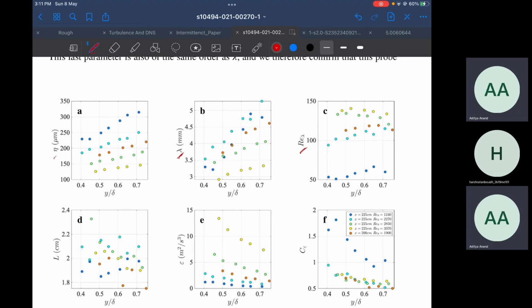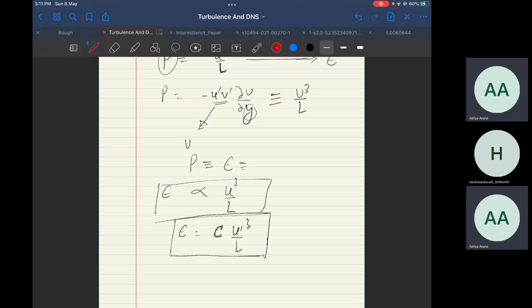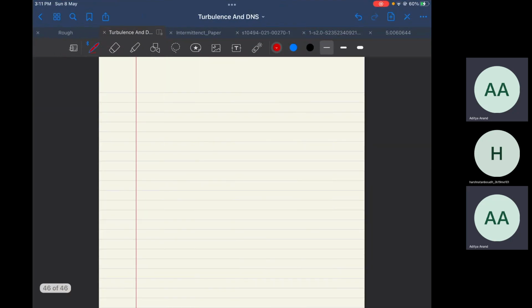Okay, I think I should tell you about lambda and R lambda. Okay, so lambda, that is Taylor's microscale. This is obtained from the autocorrelation curves.